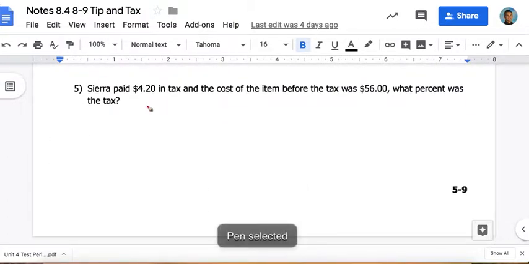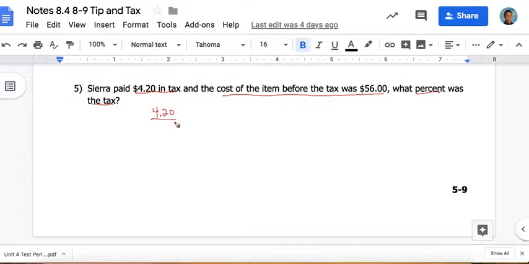Let's look at the 5th and final example here. Sierra paid $420 in tax, and the cost of the item before the tax was $56. What percent was the tax? So we got to find the percent. We know the tax is $420, so that's the part that's going to go on top. And we know the cost before the tax, so that's $56, which is going to be my whole, equals X over 100.